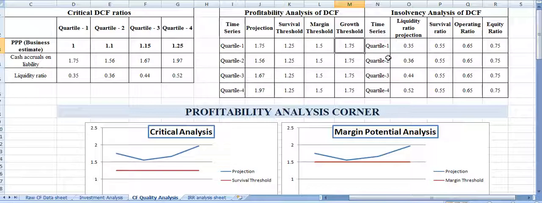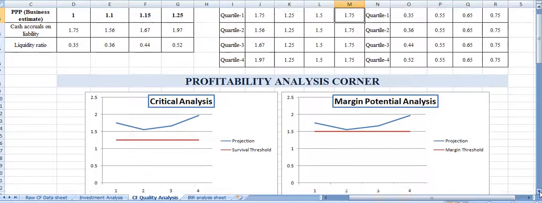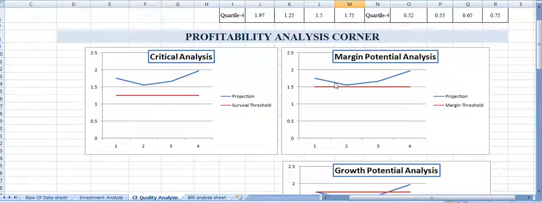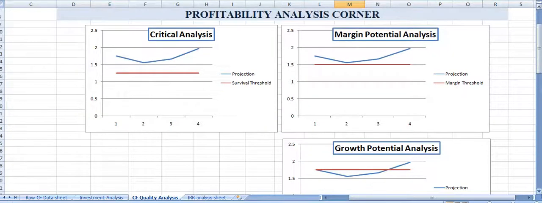So in effect, if we look at the margin potential, here we have the projection of 1.5, that is the margin, and we look at the value which is slightly higher than the margin threshold, which means that you are in a position to generate profitability.